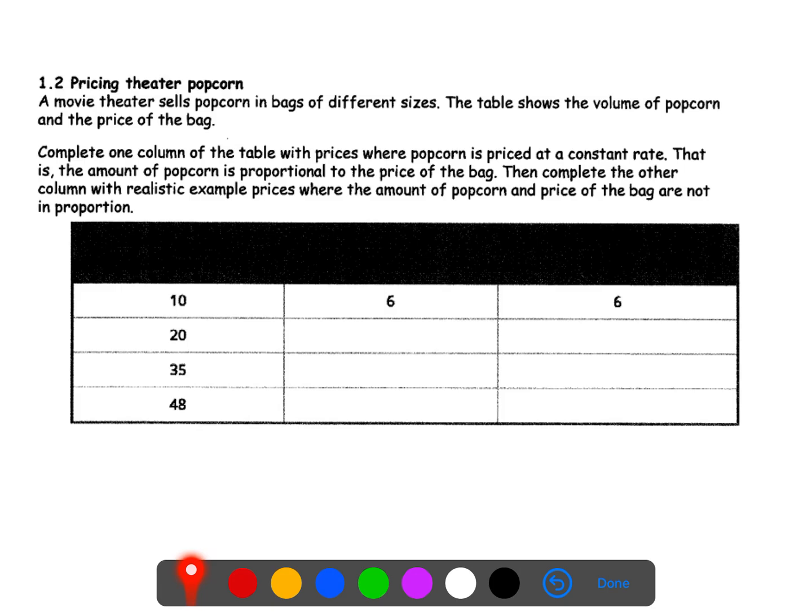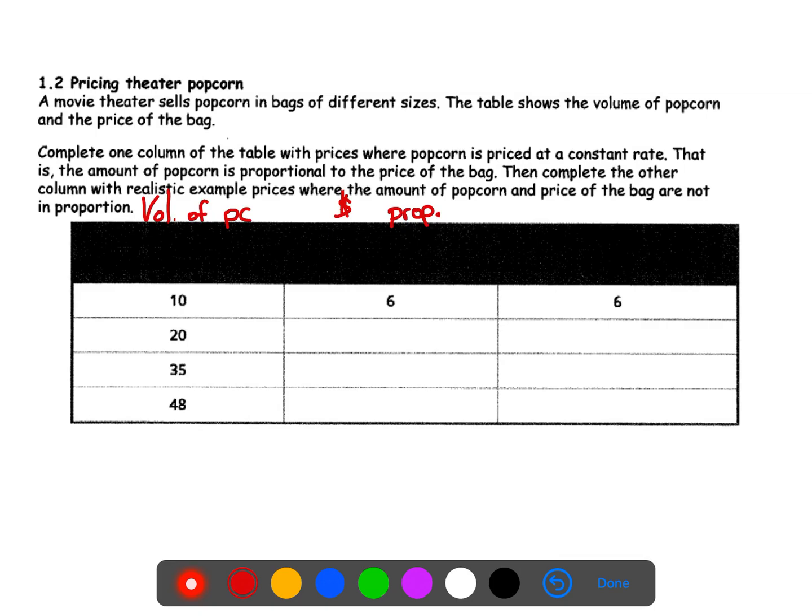And I know that our labels here copied pretty terribly. So, what we have in the first column is the volume of popcorn. We'll just call it PC popcorn. We've got the price of a bag of popcorn, and that's a proportional amount.